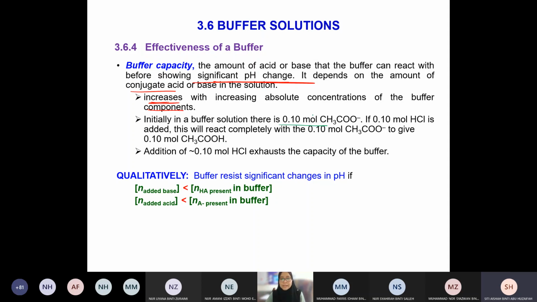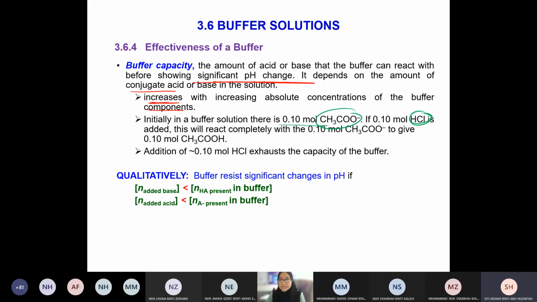Contohnya macam ni. Buffer U ada conjugate base, okay, ada this conjugate base dalam buffer U, and then you kacau buffer U tu, maksudnya you disturb buffer U tu when you add in HCl, you add in H3O plus lah. Okay, so this H3O plus, when it is added into your buffer system, your conjugate base of the buffer will neutralize this H3O plus.